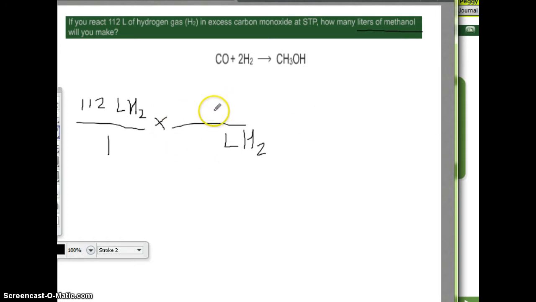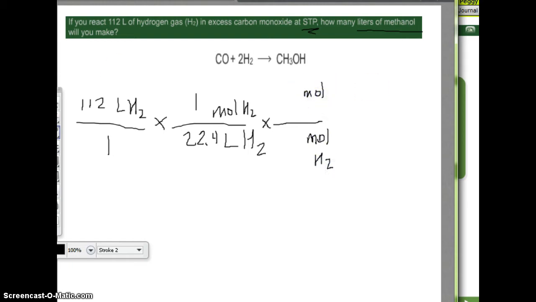The magic of the mole. So we need to know moles of H2. And in 1 mole of any gas at STP, how many liters are there? 22.4. Okay, what has to go on the bottom of my next fractions? Mole of H2. And now I can convert into the chemical I need.